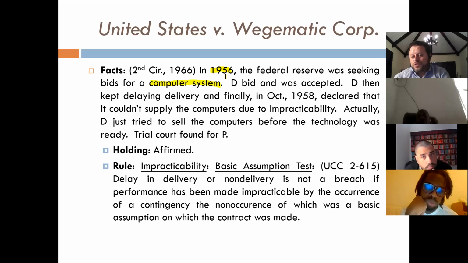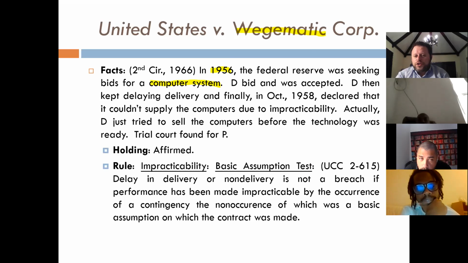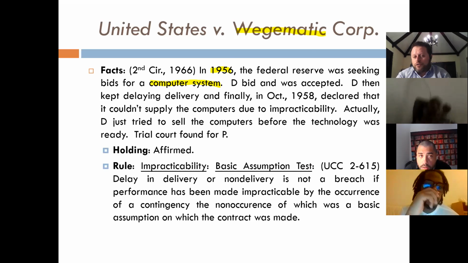And they offered the contract to this company, Wegematic. Wegematic said that they were going to build this incredibly fast computer for 1956. And there was no way they could do it. The technology wasn't there. So at trial court, they found for the United States. Wegematic appealed, and at the Second Circuit, the Court of Appeals, it was affirmed.